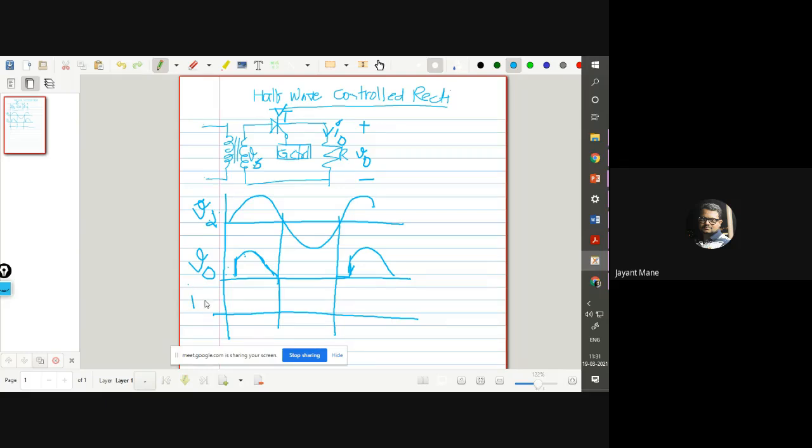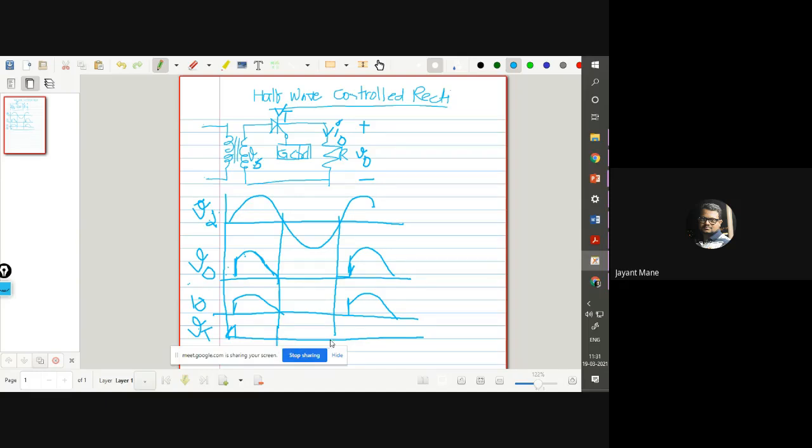Current follows voltage, just the magnitude is different. Current is also same. And voltage across the SCR. So initially it will be in blocking state, so some positive voltage will be appearing across it.